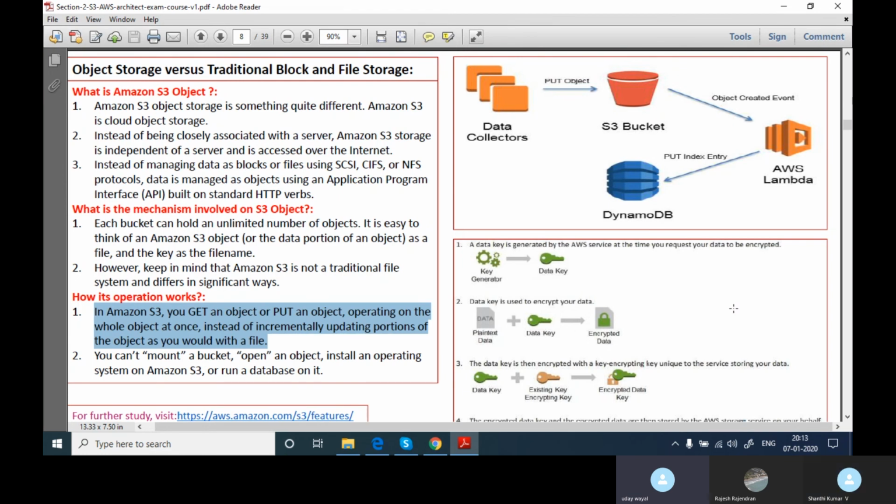So I asked him, what will be your solution? He told me that I will mount that S3 bucket on my EC2, access it via the mount point, and do ls, and I can see lakhs of files.